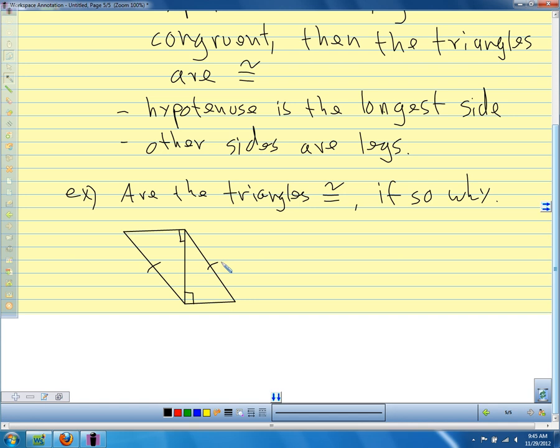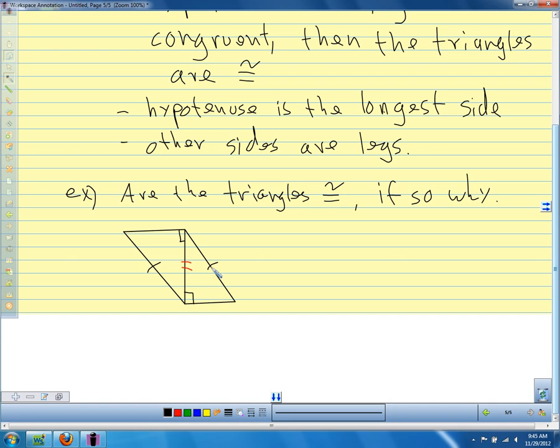I heard a couple of yeses. So the way I have these two triangles set up, what else do we know about these two triangles? The side in the middle is congruent to itself. Do you remember what we called that property? Starts with an R. Reflexive. The reflexive property says things are congruent to themselves.